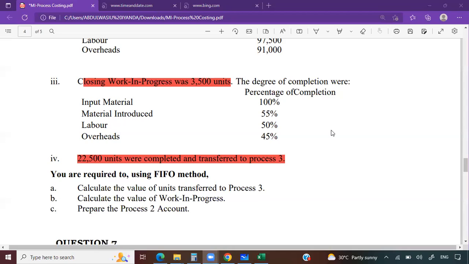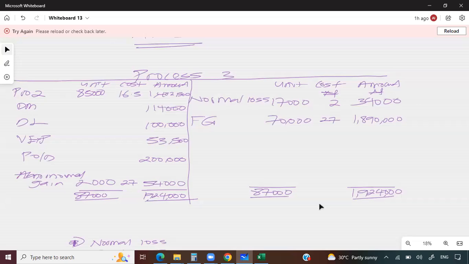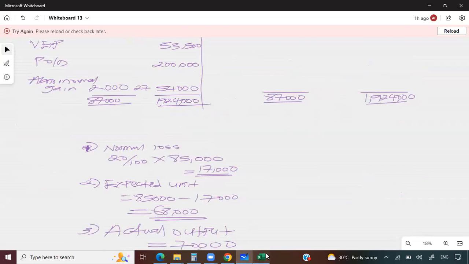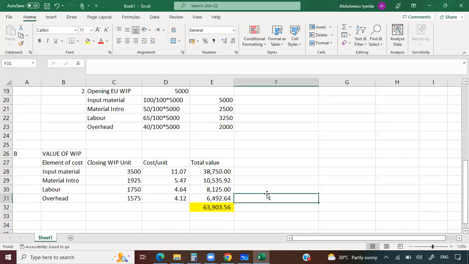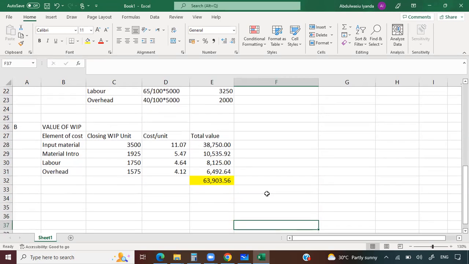Sorry, sir. Professor, go ahead, please. Prepare the process 3 account. Okay, sir. The input material: 3,500 times 11.07.